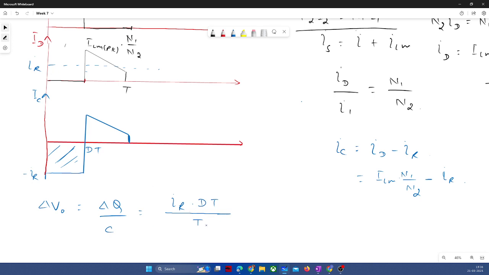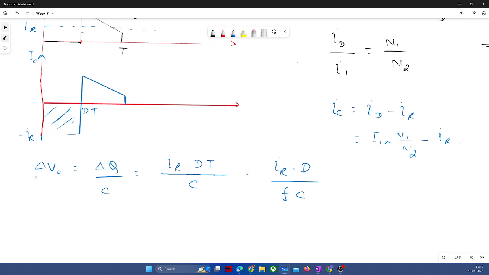Time period we do not require, because del Q is equal to I into T. So del Q is I into T, and the time for conduction is dT, and C was already there, so we'll get C in the denominator. So IR into dT by fC, since T is equal to 1 by f. So this is your ripple voltage.